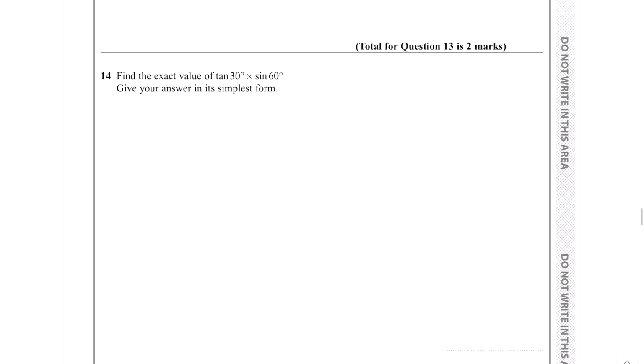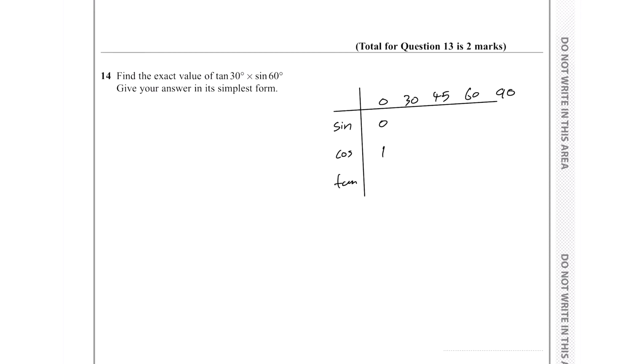Find the exact value of tan 30 times sine 60. So for this, I tend to normally draw this out here just to make life a little bit easier. So we have sine, cos, tan, and then 0, 30, 45, 60, 90.